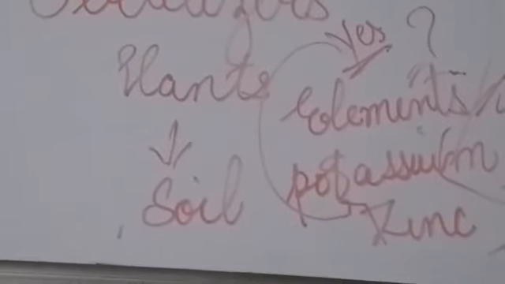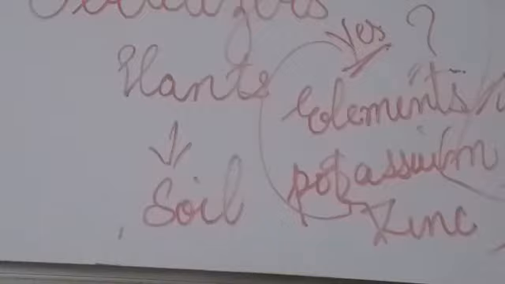Okay, and now we are left with the next topic, which is pesticides. So we will not drag this topic too much. We will just see how the name pesticides is given, and why we use it.